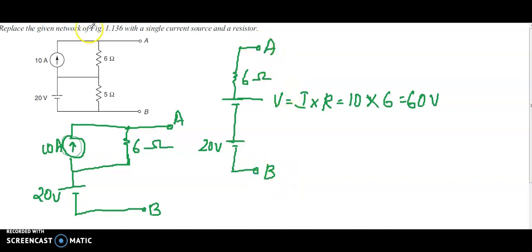But the question is, replace the given network with a single current source and a resistor. So we can combine together the two voltage sources and rearrange it as 6 ohm, and we can add these two voltages as 60 plus 20 is equal to 80 volt.